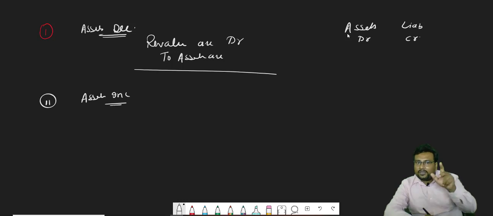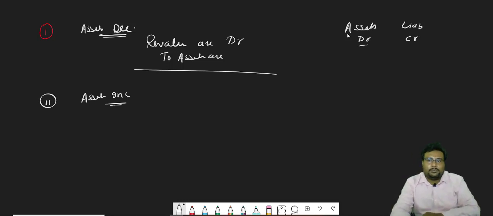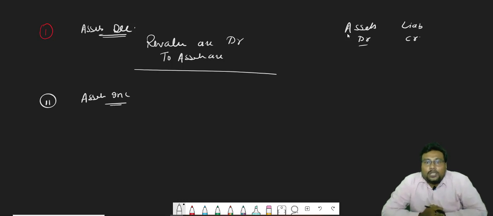Okay? In the first entry, we decreased the assets. Assets' nature is what, beta? Debit. But as per the rule, for decreasing the assets, we pass on the opposite side. That's why assets is recorded on the credit side. But in the second entry, you see that assets increase. So when assets increase, we have to pass on the same side.